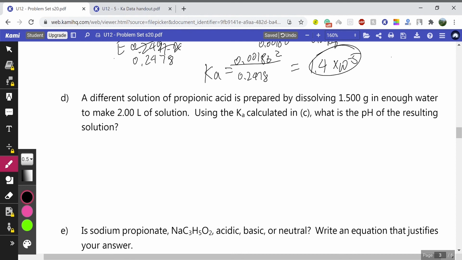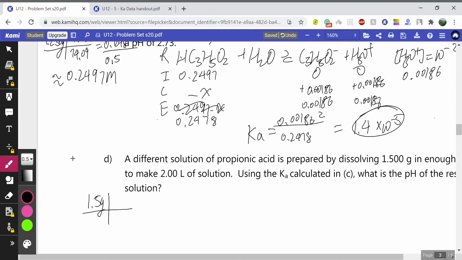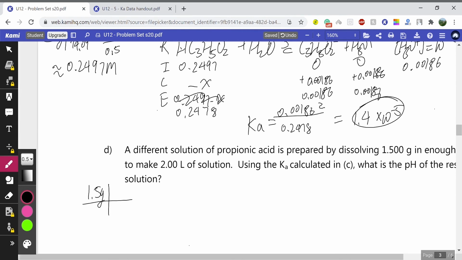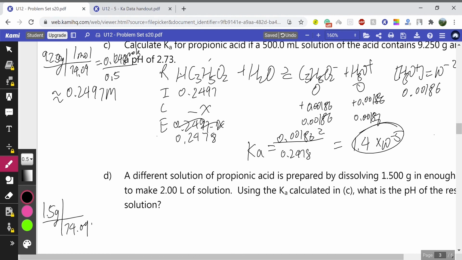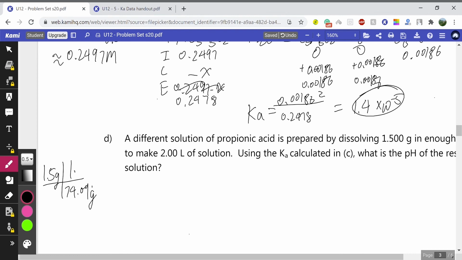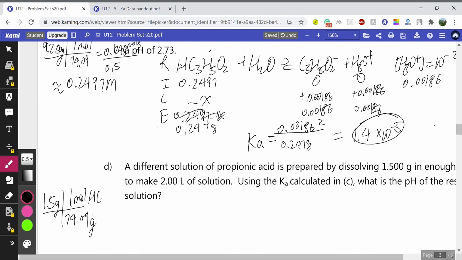Okay, so this time we have 1.5 grams, and it's still going to be the same. In the previous problem we found it as 74.09. This time we're just given 1.5 grams, 74.09 grams per 1 mole of HC3H5O2.